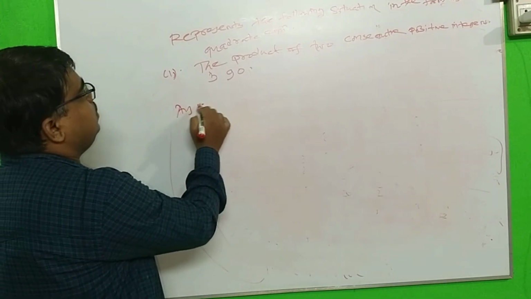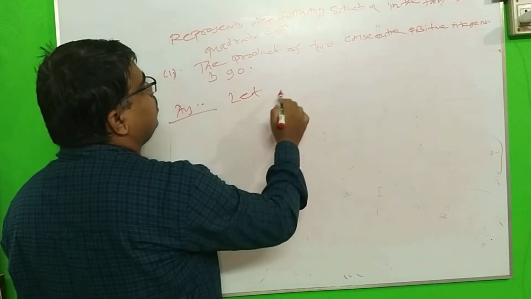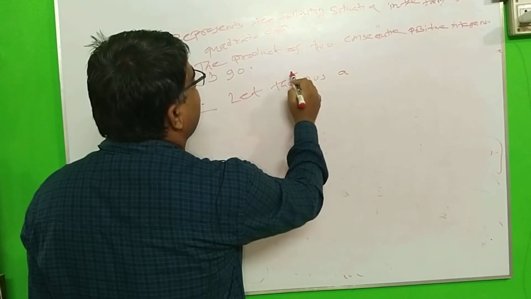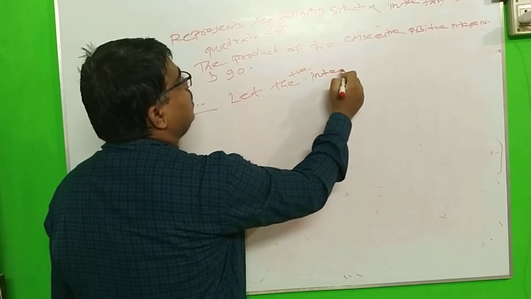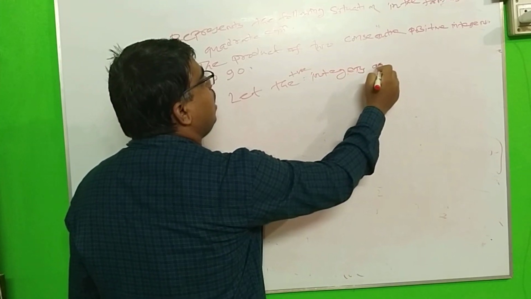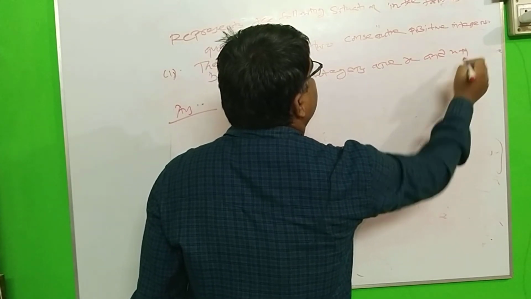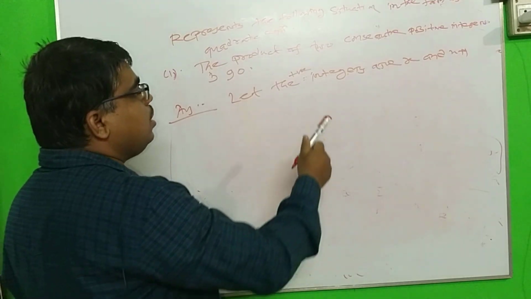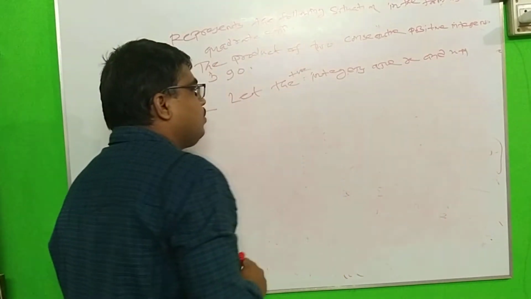Answer: let the positive integers be x and x plus 1. Since the integers are consecutive, if one is x, then the other will be x plus 1.